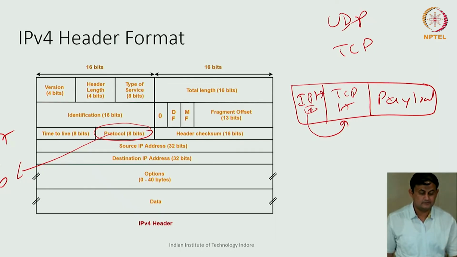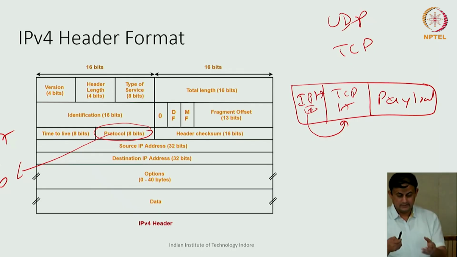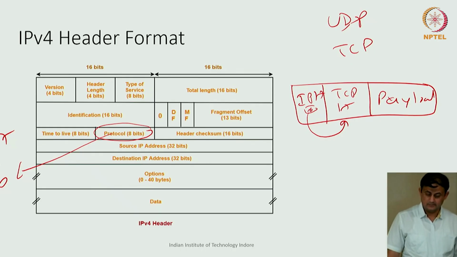So in some sense it is pointing to the next header. Outside is the IP layer, and what exactly is beneath that is identified by this number.